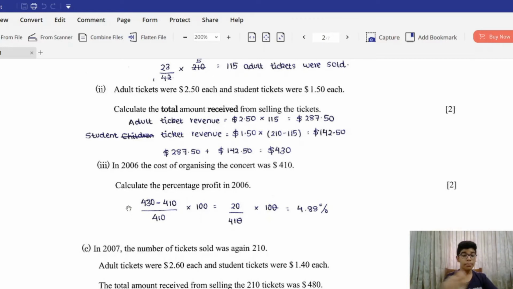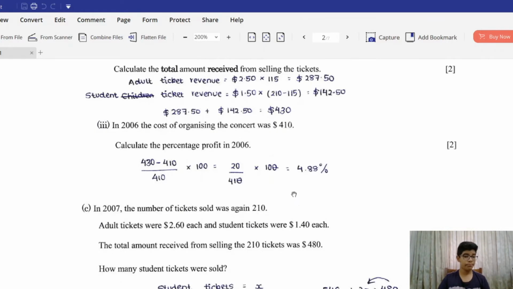Now we're going to put it over 410. The reason for doing this is because whenever you're calculating percentage profit, you're going to put it over the amount spent, not the amount you received. So the amount they spent was $410. So the difference between the two is 20 over 410 multiplied by 100. And the percentage profit in 2006 was 4.88%.